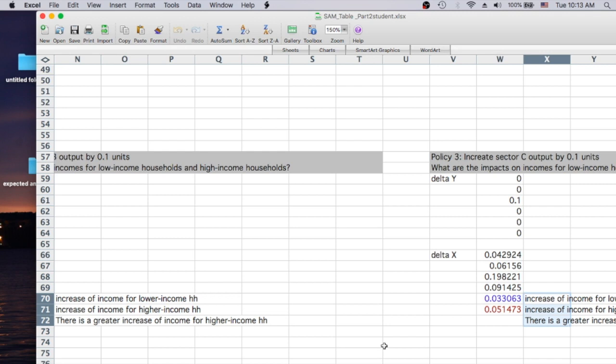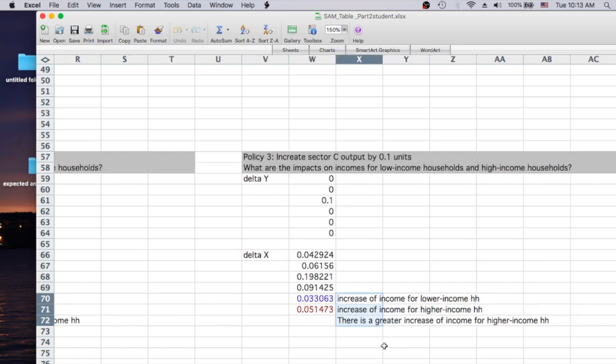Okay, if you move on to policy 3, it's the same case. So you see that there's a greater increase of income for higher income households. So for all three policies, both categories receive benefits from a development policy, and there are greater benefits for higher income households than lower income households.